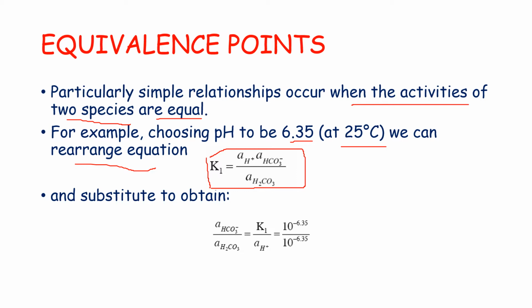And then you substitute that to obtain the ratio between the activity of bicarbonate and the activity of carbonic acid, which equals K1 divided by the activity of hydrogen, because you bring the hydrogen down, okay? And that equals, because you're given a pH of 6.35, K1 divided by 10 to the power minus 6.35.